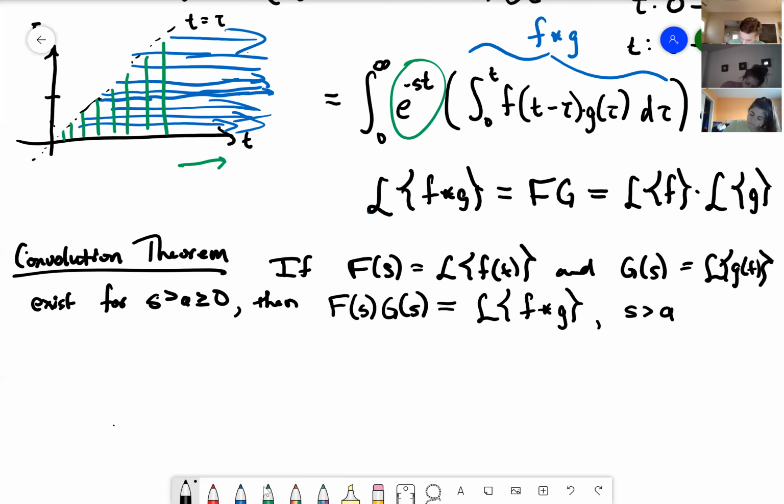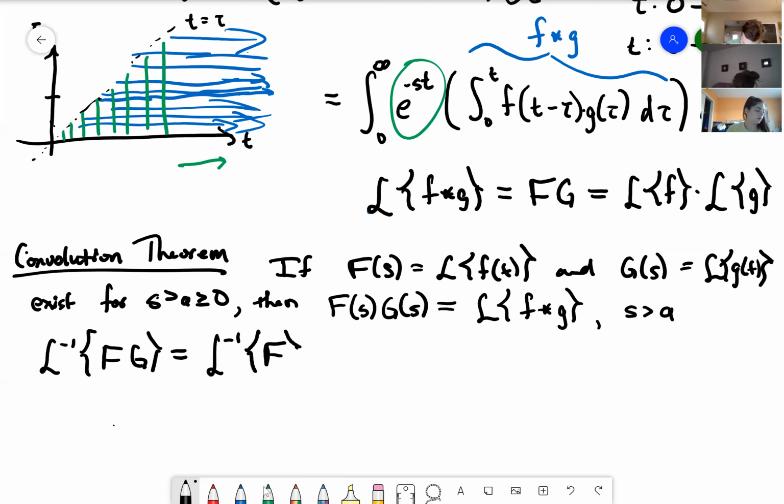And going in the other direction, if we look at the inverse Laplace transform of the product of two things, right? If we go through this process of solving one of these problems, we get to the end where we're trying to find the inverse Laplace transform of Y, and it can be written as the product of two things that we know how to get the inverse Laplace transform of. Then we can write it in terms of those by using convolution.